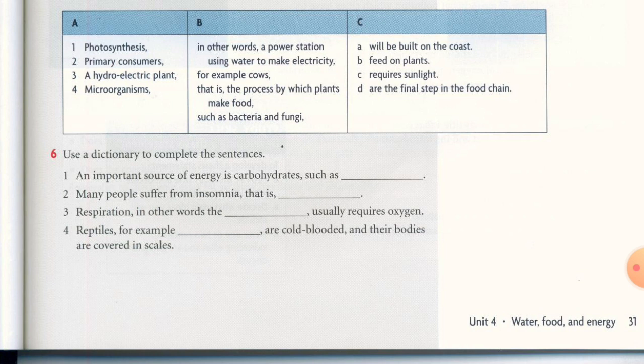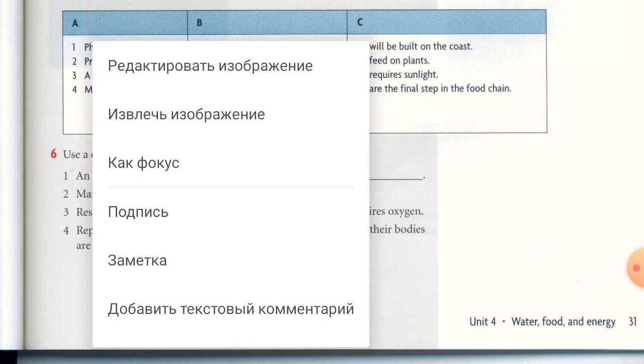Respiration, in other words, the process by which living things produce energy from food. Reptiles, for example, crocodiles or snakes are cold-blooded and their bodies are covered in scales.